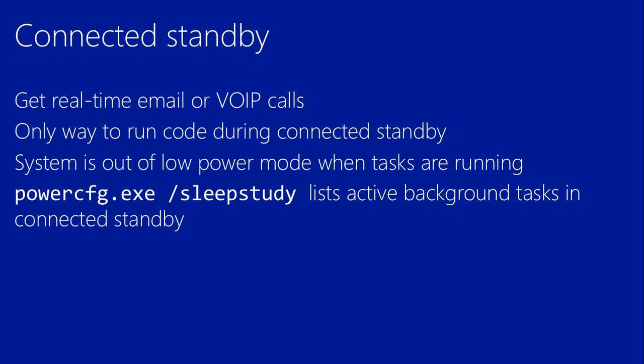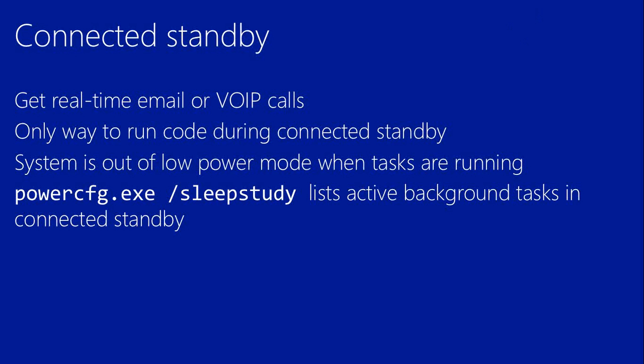Moving on, connected standby. Connected standby is another state which means low on power and low on network, which means the CPU at this point is lowest on power. So the only way to run code in connected standby mode is through background tasks, because everything else is not allowed to run since the CPU is low on power.